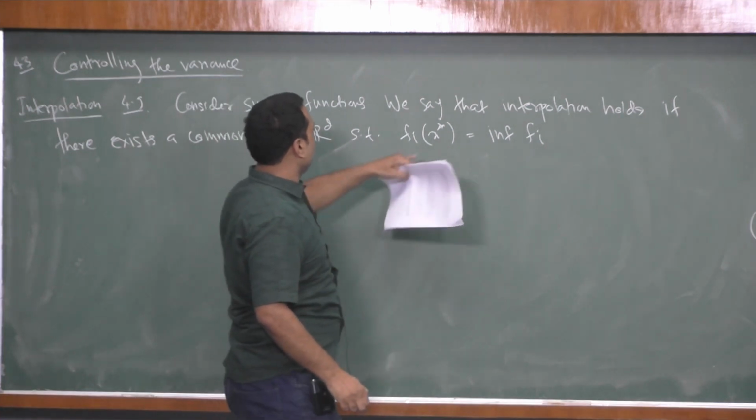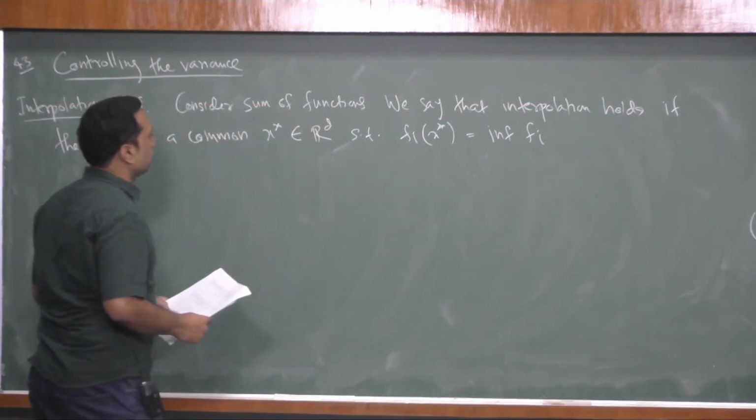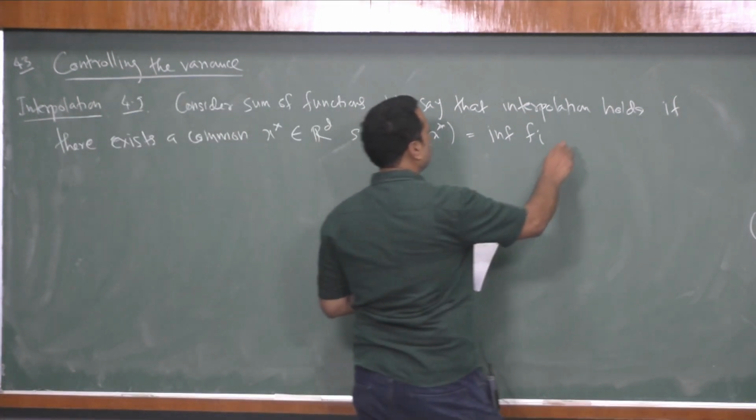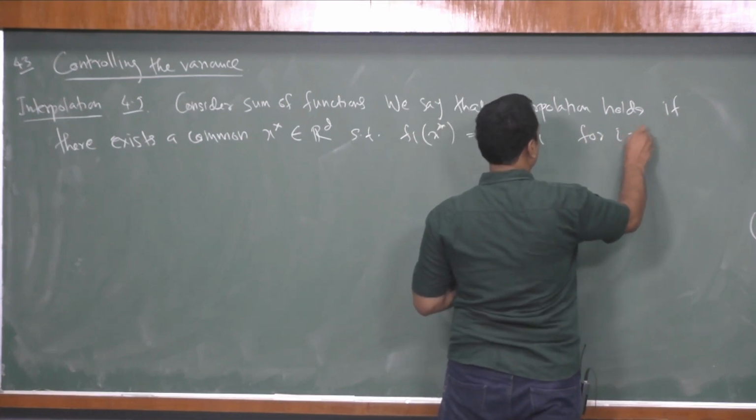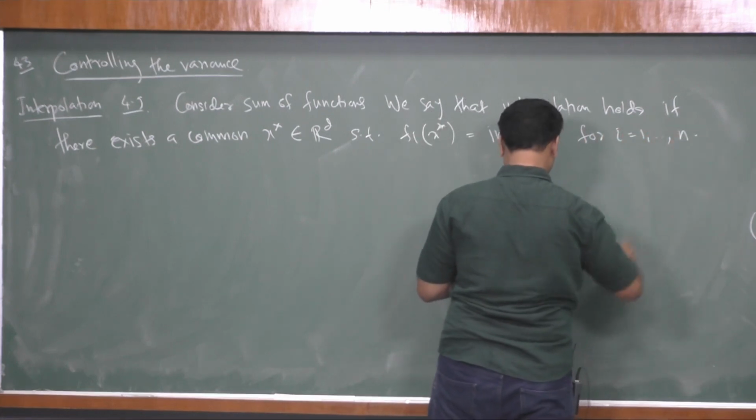That is, x star becomes a minimizer of all the F_i, for i equal 1 to n.